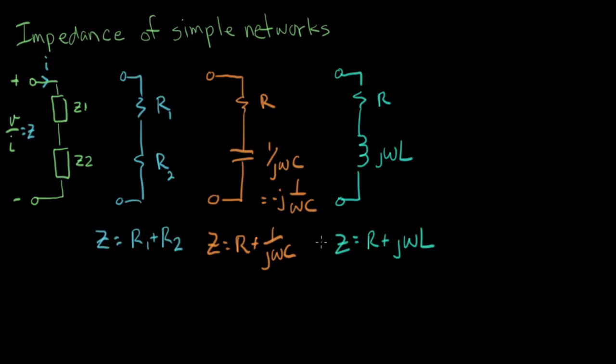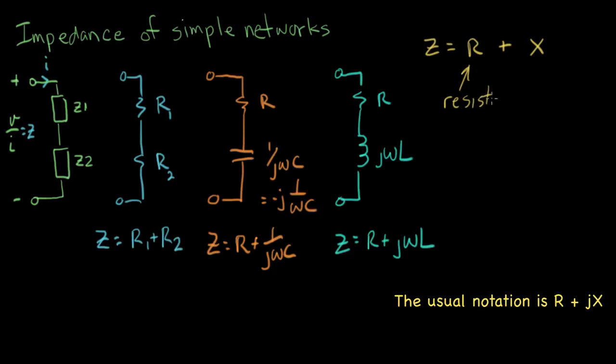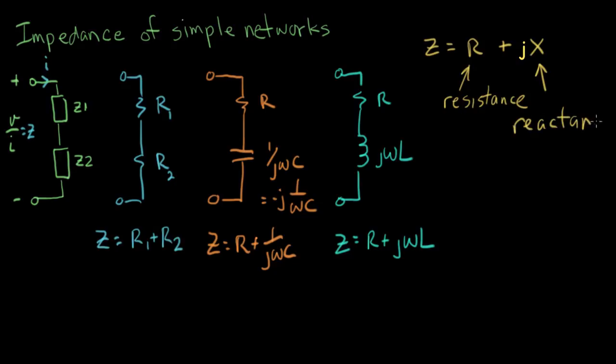So the way we write an impedance in general as a rectangular complex number is we say Z equals R plus J X, and the letter we use is X. Now, R is the resistance. And X is the imaginary part of an impedance, and that's referred to as the reactance.